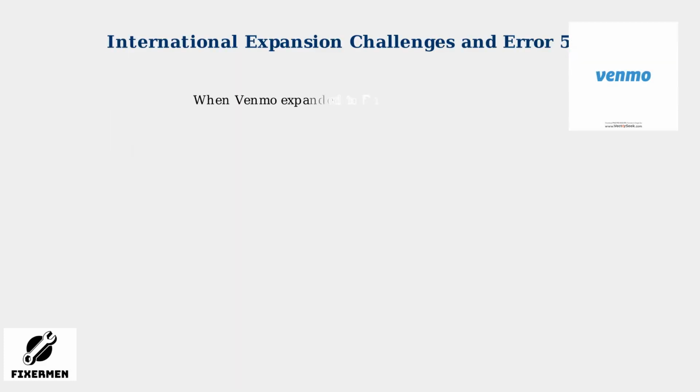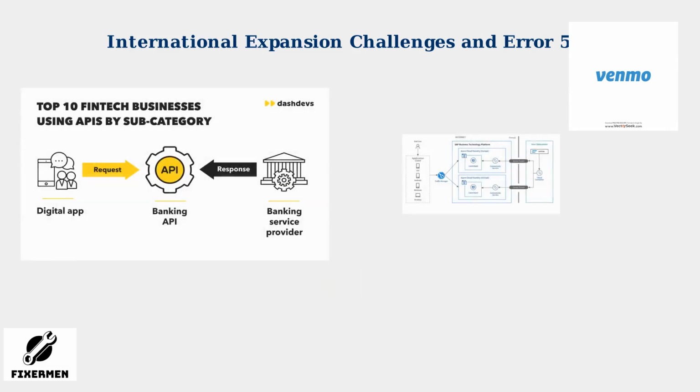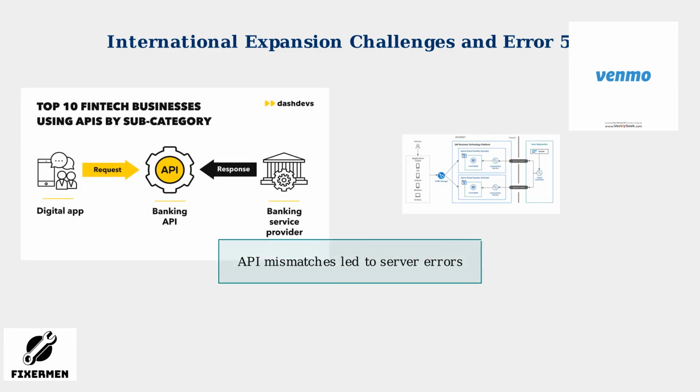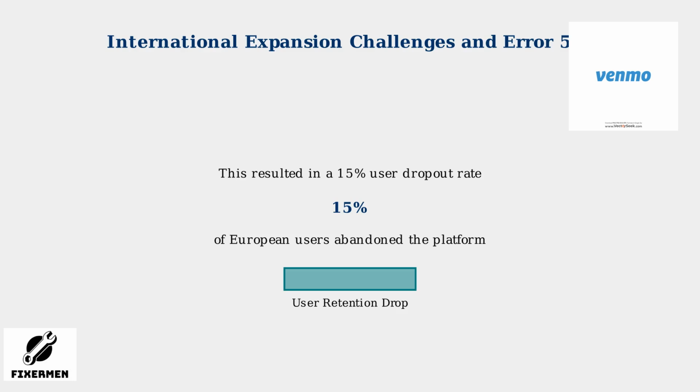When Venmo expanded to Europe in 2023 to 2024, API mismatches with local banking systems caused a spike in Error 500 occurrences. These API mismatches occurred because European banking systems used different protocols than Venmo's US-based infrastructure. This resulted in a 15% user dropout rate, as European users abandoned the platform due to persistent errors.